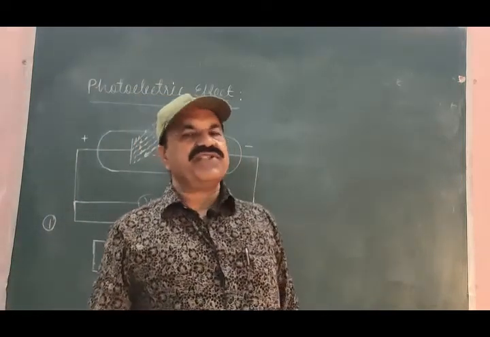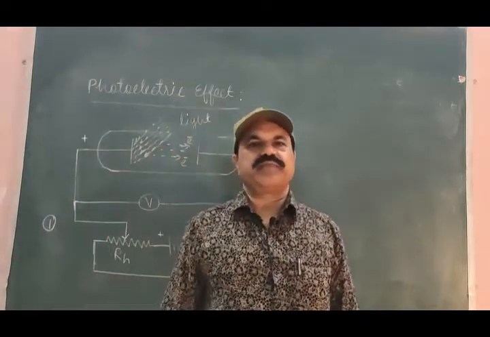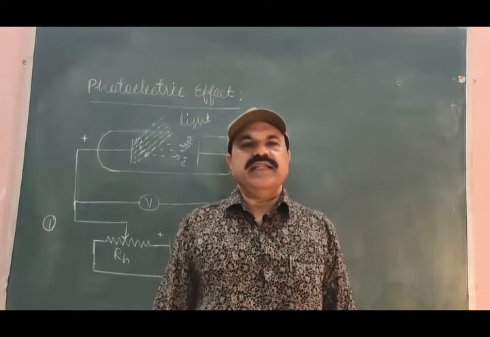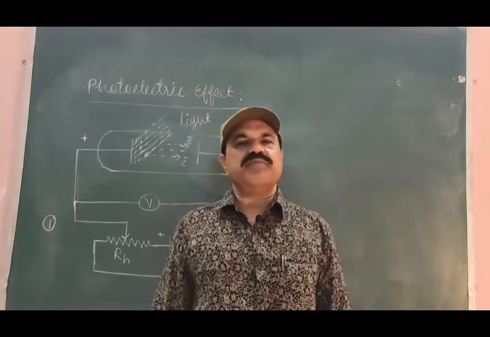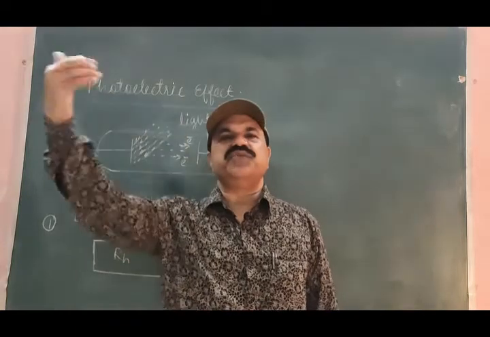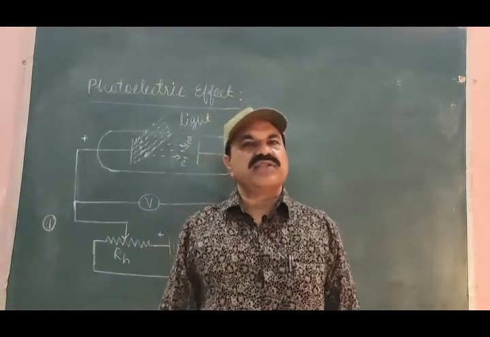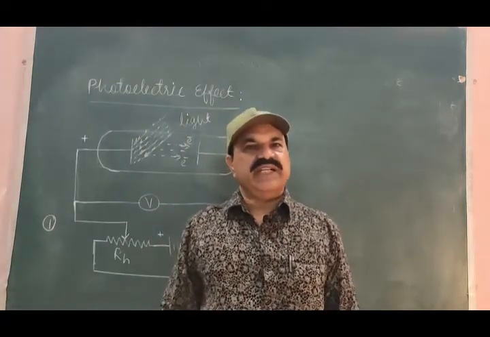Energy of photon is h nu. Bombarding of these photons will provide kinetic energy to the electrons on the surface of anode metal.